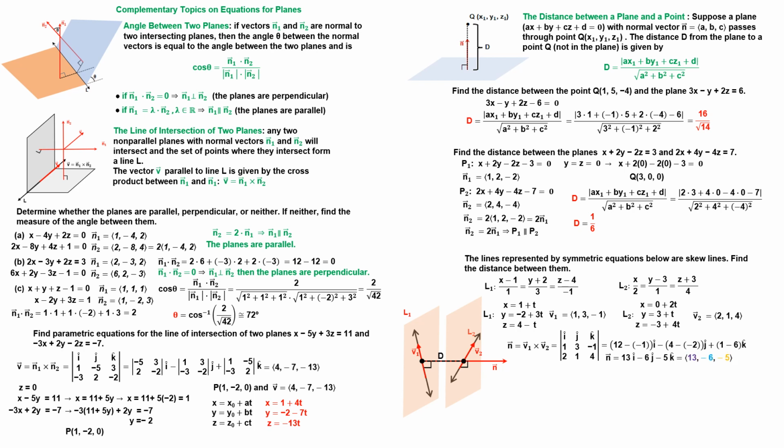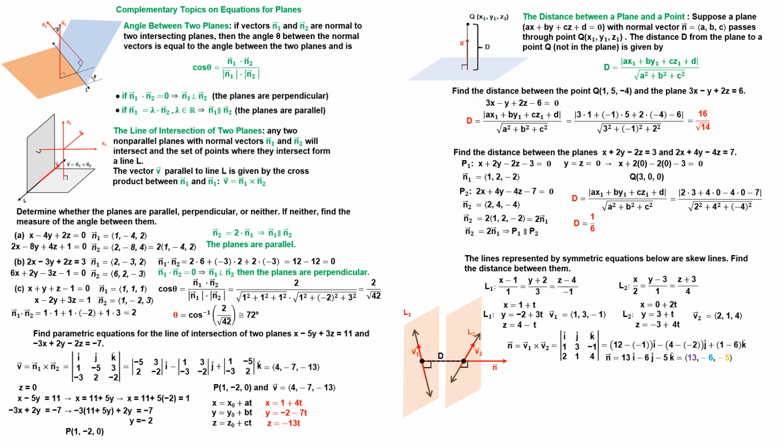Now we need an equation for a plane. And since we already have the normal vector to the given planes, we must find a point that lies in one of the planes. Let's write an equation for plane 2. Since line 2 lies in plane 2, we can find a point in plane 2 by finding a point on line 2.